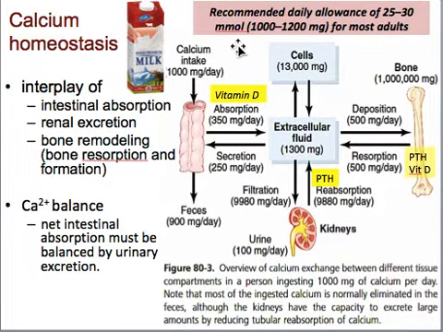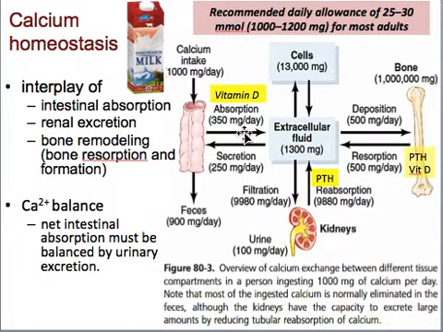The recommended daily allowance for calcium will be about 1,000 to 1,200 milligrams for most adults. A tablet of Caltrate will contain about 600 milligrams of calcium, and a glass of milk will contain about 300 milligrams of calcium. But of course, we get calcium from other sources as well, such as dairy, fish, and other vegetables. So let's say you take about 1,000 milligrams of calcium in a day.